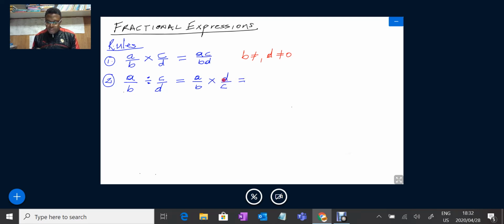Now we are back to rule number 1. I'm not going to explain here. You already know what we do. Number 3. We are adding or subtracting fractions.